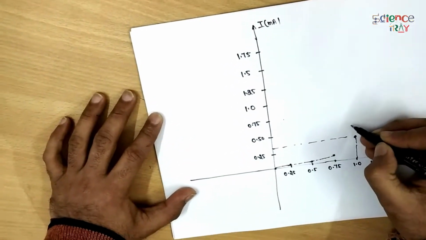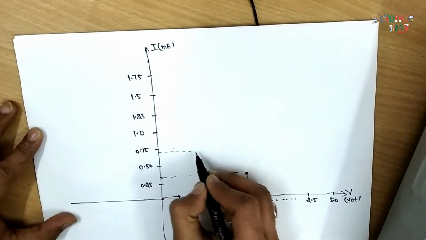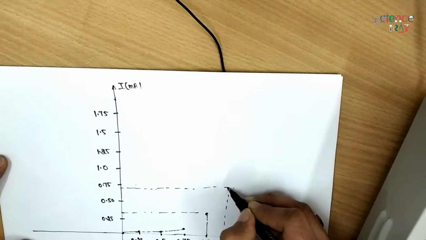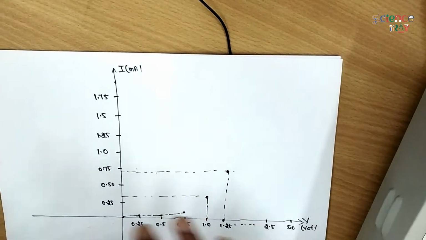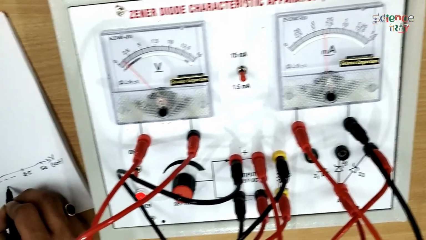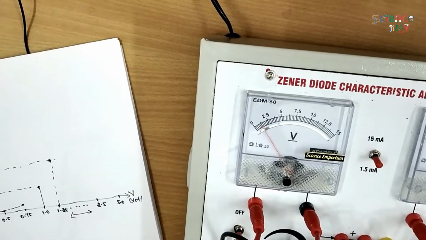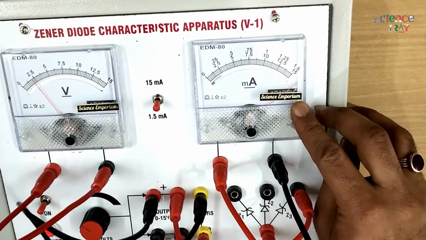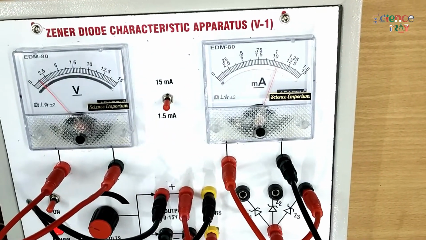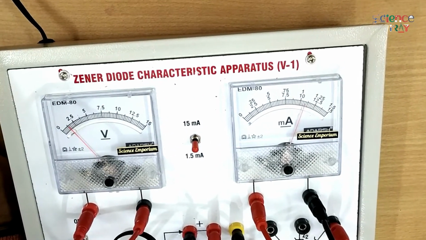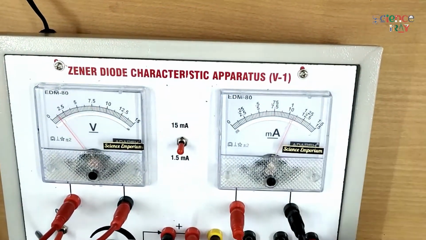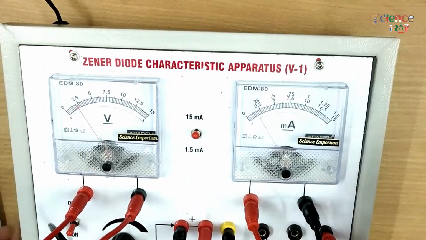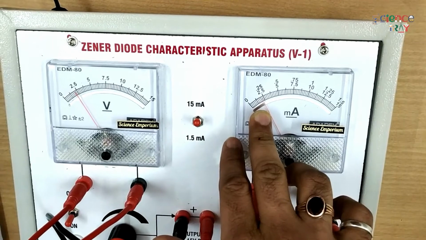Here is the point, and we have plotted this. Then we increase the voltage to 2.5 and the current has gone beyond the limit, around 1.75. So to show this, we change the knob and now it is around 2.5.